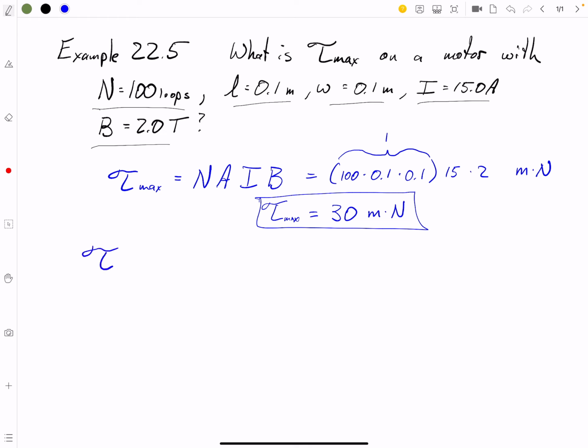Torque is RF, right? R times F, if the sine of theta between them is 90 degrees, good. So RF, which means the units are a meter times a newton, okay?